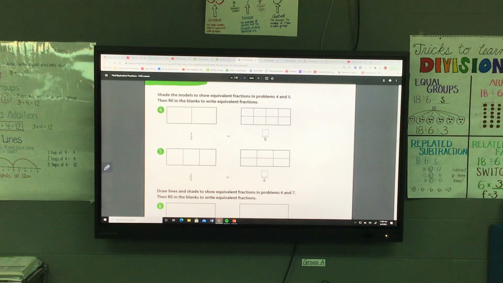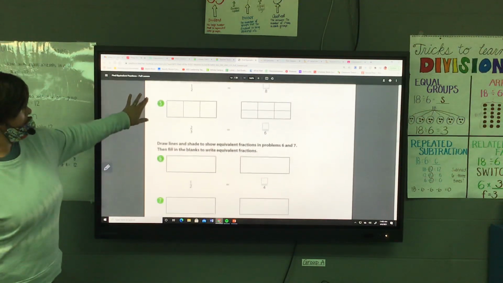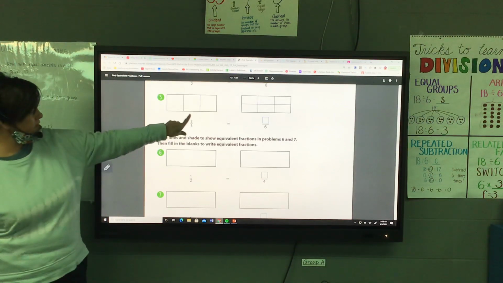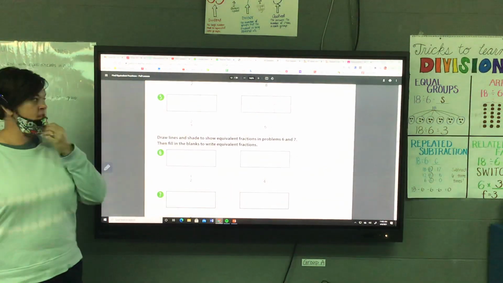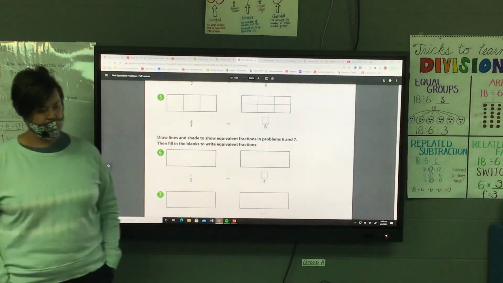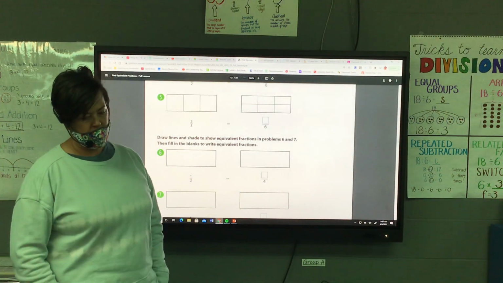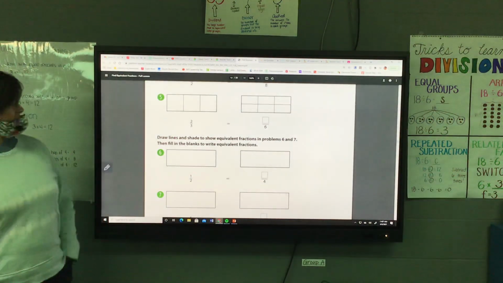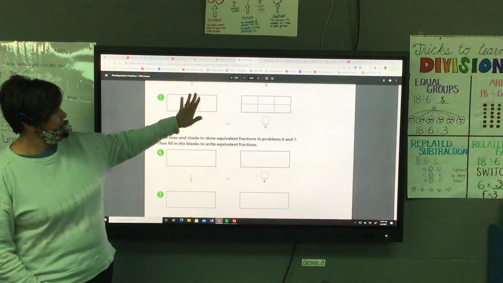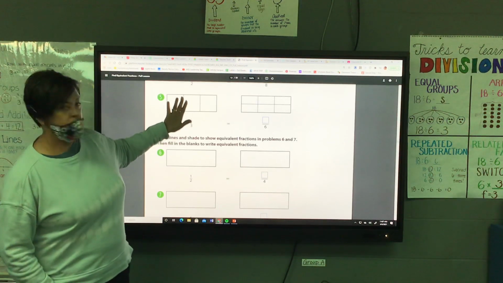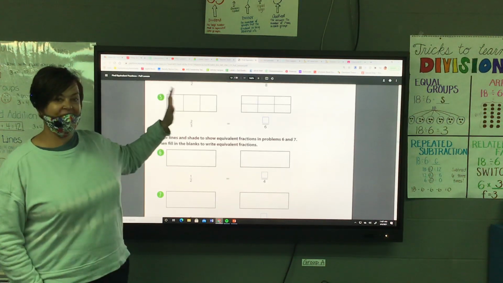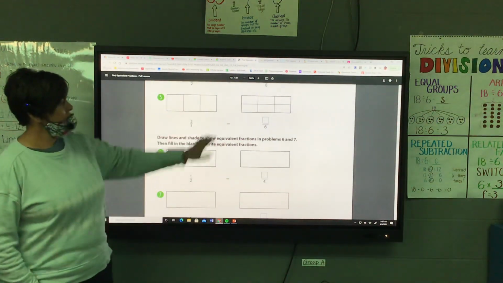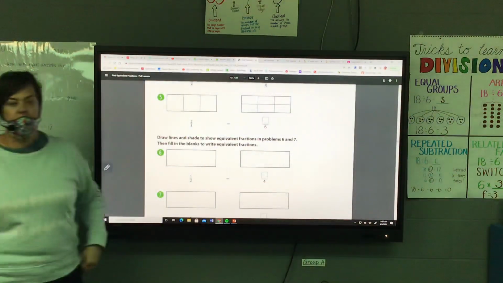Okay, look at 5. This is telling you need to color how much of it? 2/3. Do that right now. Now, to show 2/3, showing the same exact amount colored in, how many do you need to color over on this rectangle?